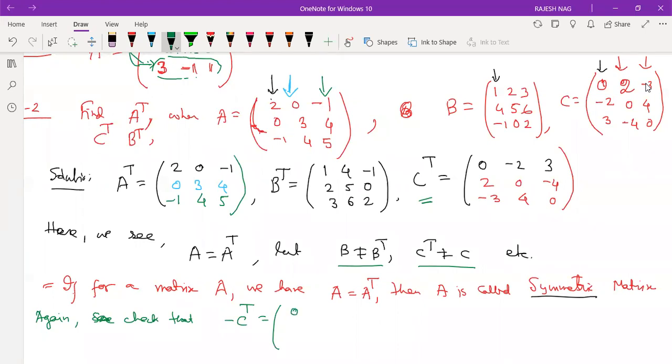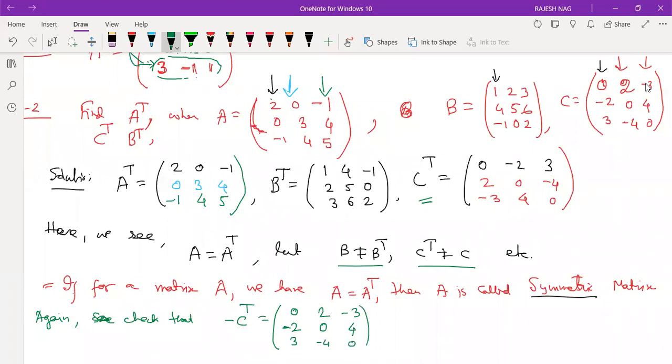0 minus 0 is 0. 2 minus 3, minus 3. Remember the scalar multiplication, we have multiplied by minus 1, right? Minus 2, 4, 3, minus 4, and 0.